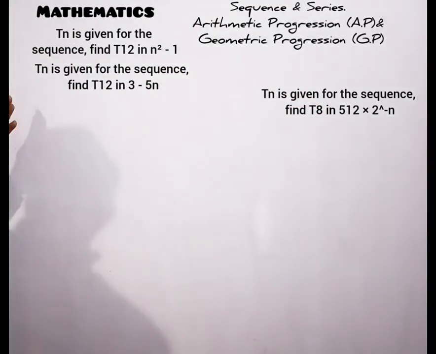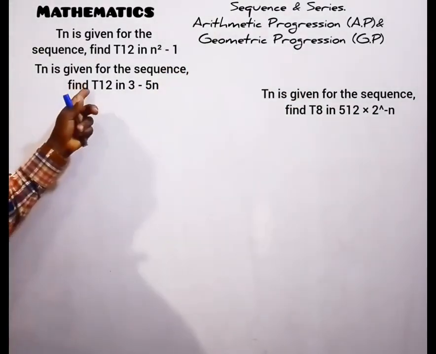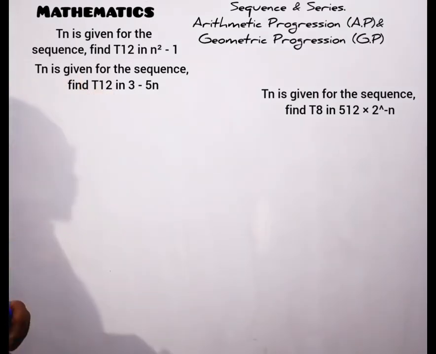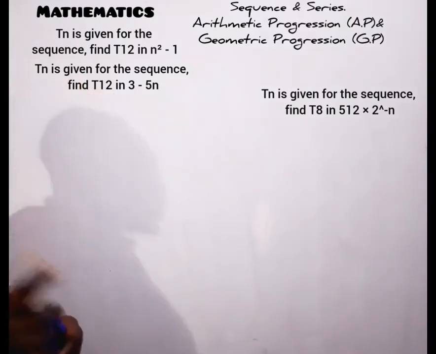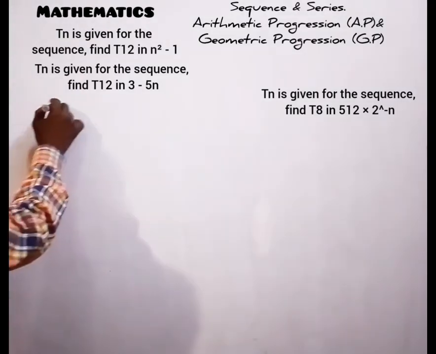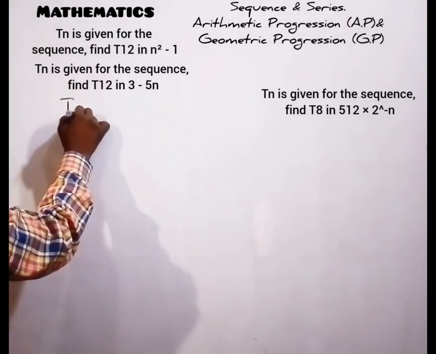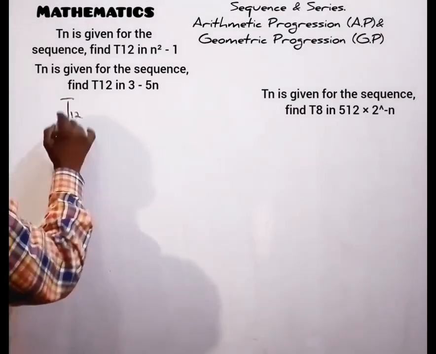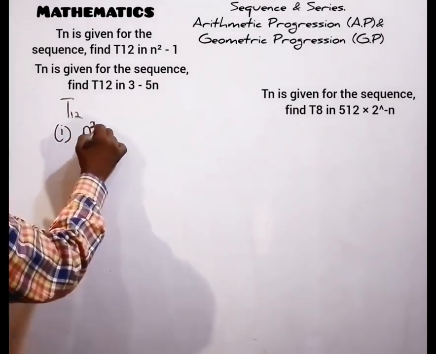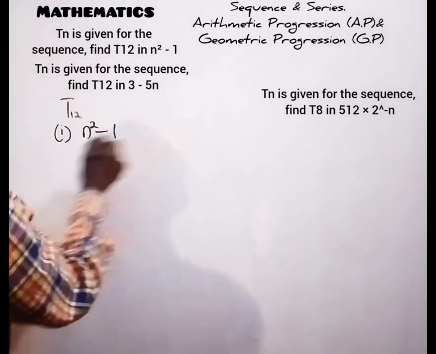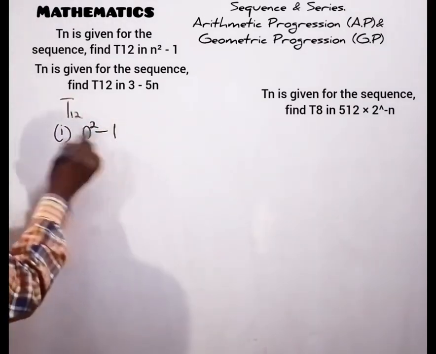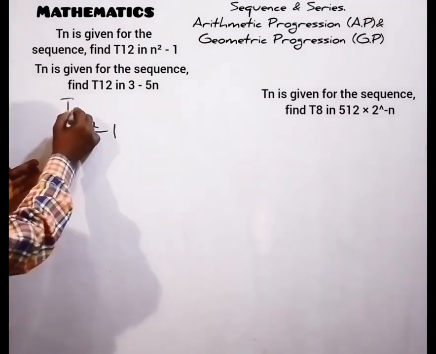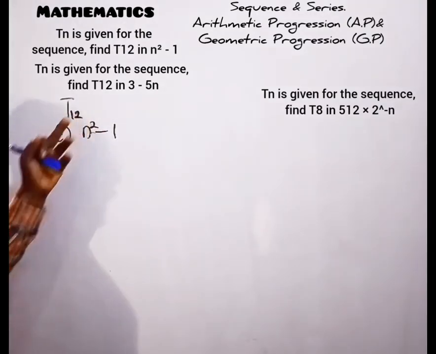This question says that we have been given the expression for the sequence. We're asked to find the value of the 12th term. For the first one, it is n squared minus 1, and the second one we will find underneath. Now, for you to find the value of this one, you can see it is the 12th term they are asking us to find.